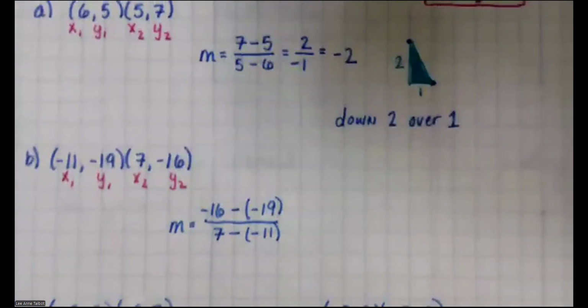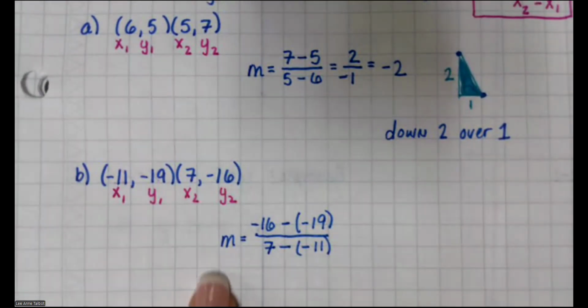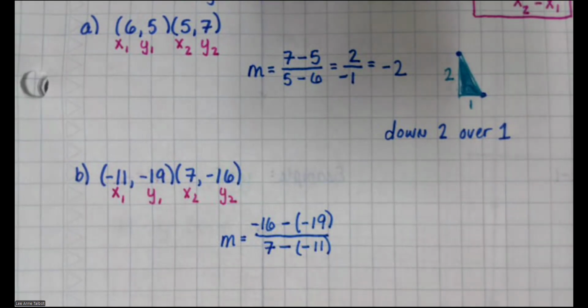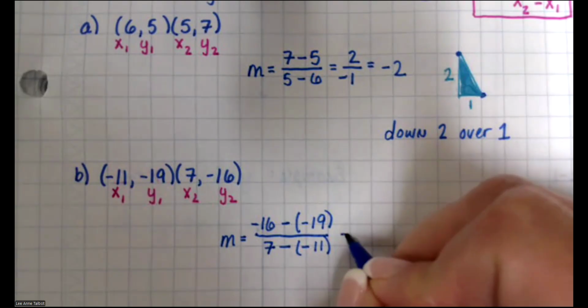If you're going to make a mistake, it's going to be right here. People just do 7 minus 11 and then they forget it's minus -11. Okay, so I'm going to simplify this.